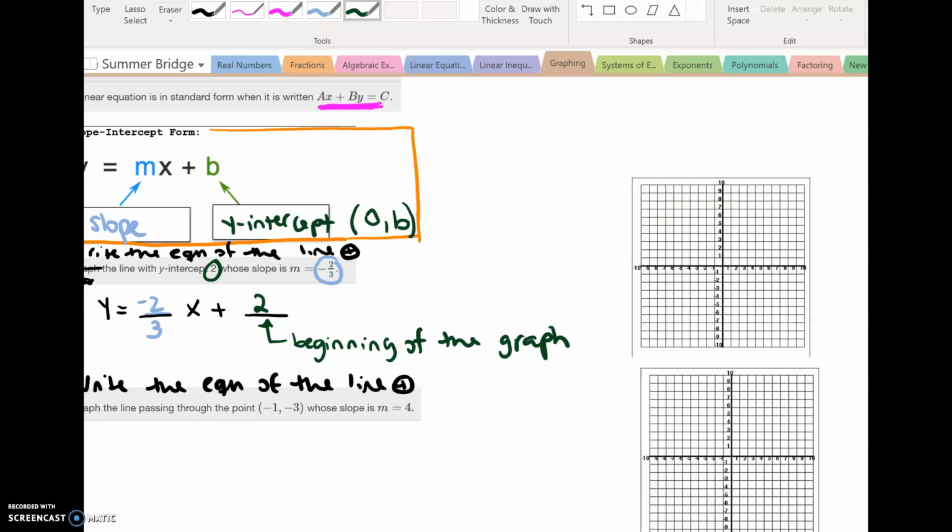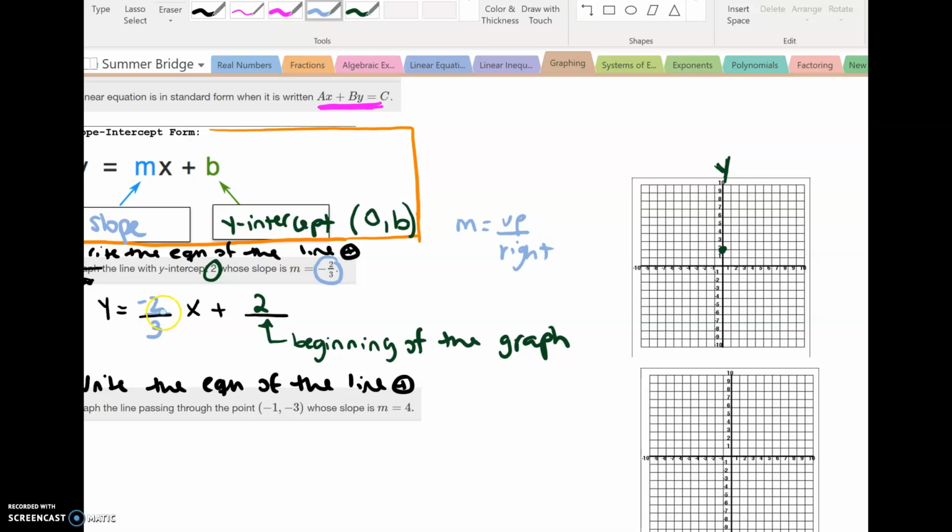Okay, and so again, I am going to start where your y is 2. And keep in mind, we need to make sure that we are on our y-axis for that. So y is 2. And then we know that the slope tells us how much we go up and to the right.